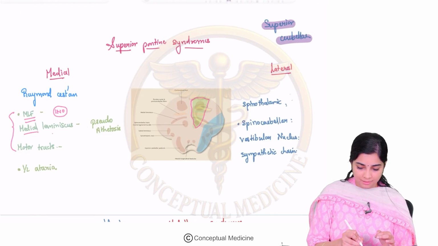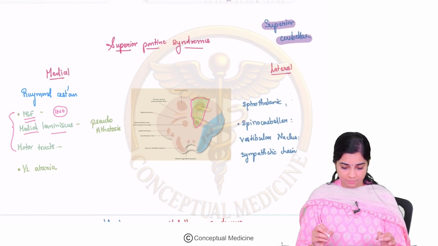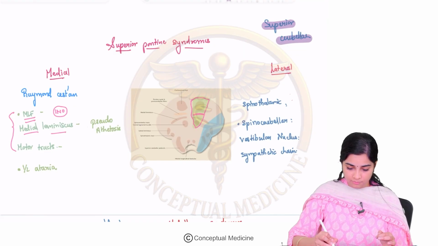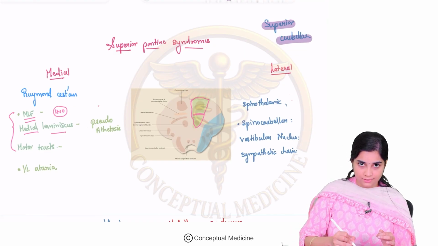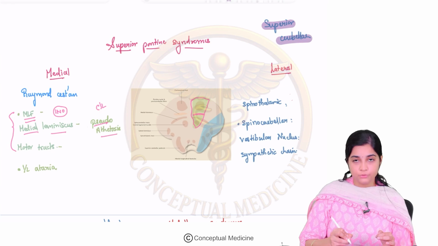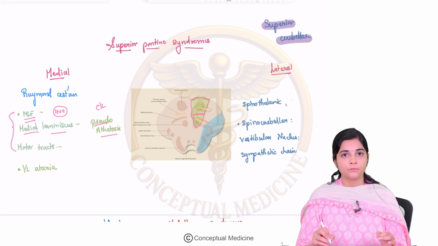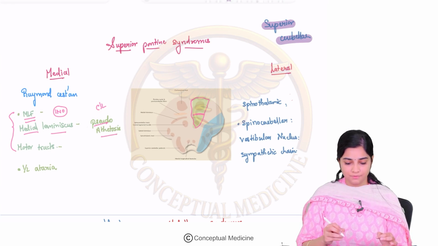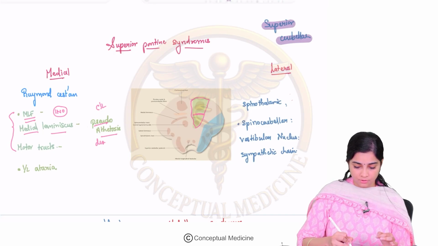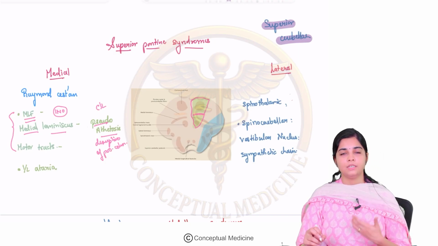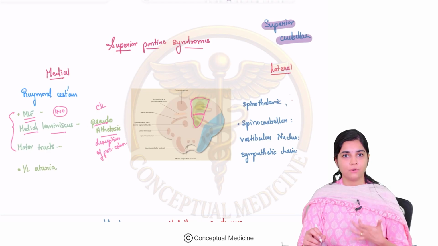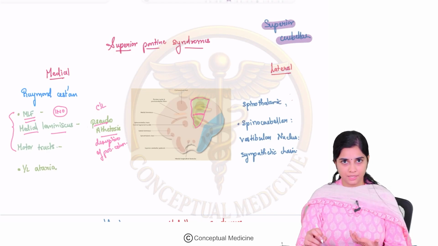Then medial lemniscus involvement. There can be medial lemniscus involvement, which is exactly here. So it will result in contralateral pseudoathetosis, which is a movement problem which happens because of disruption of the posterior column. I told you the posterior column basically carries sensation of proprioception and vibration, right?